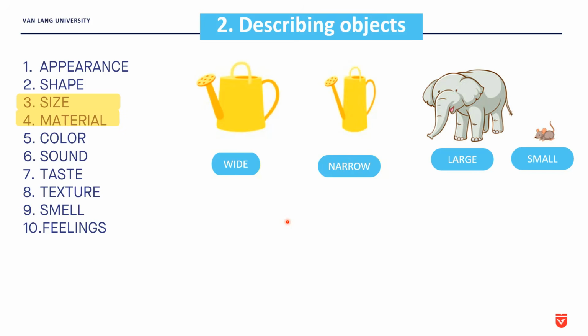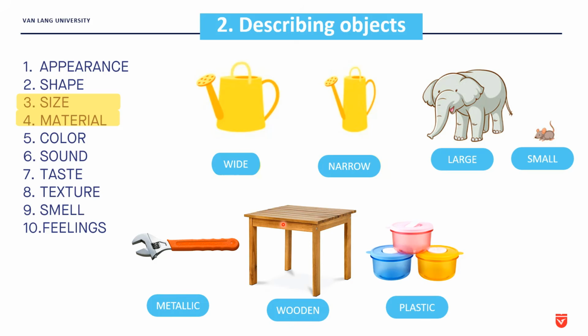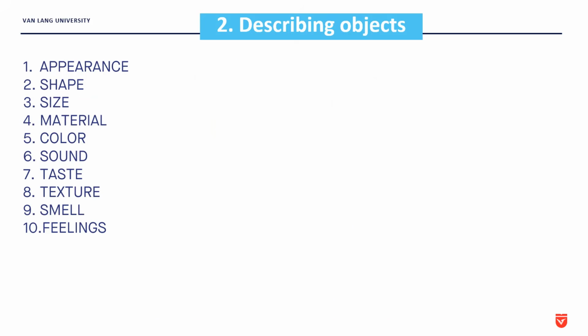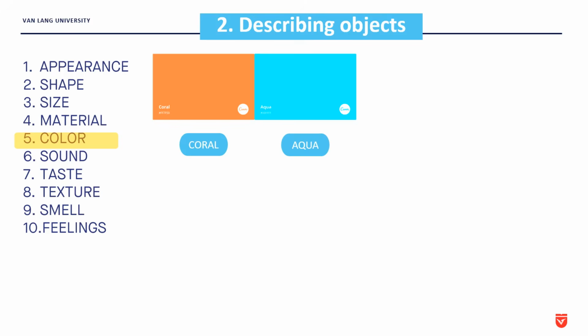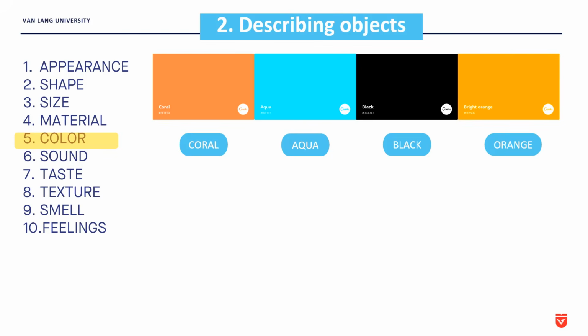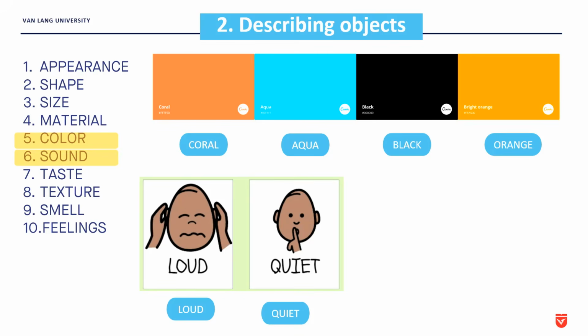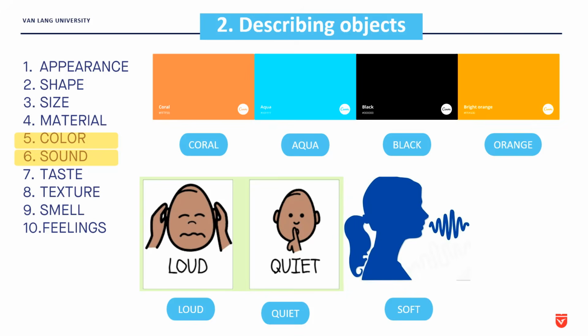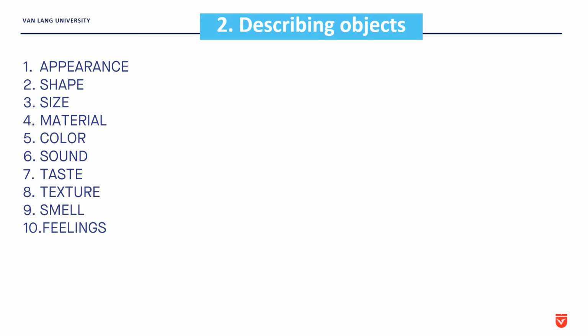Material: metallic, wooden, plastic, glass. Color: coral, aqua, black, orange. To describe sound, we have loud, quiet, soft, cheerful. Taste: sour, salty, sweet, bitter.